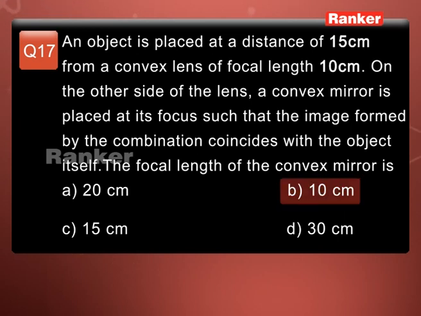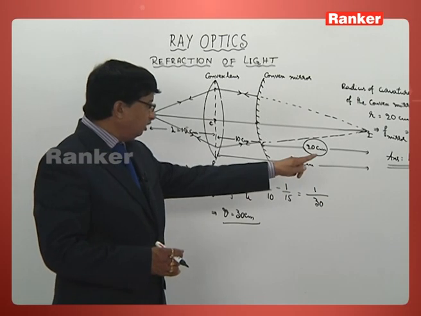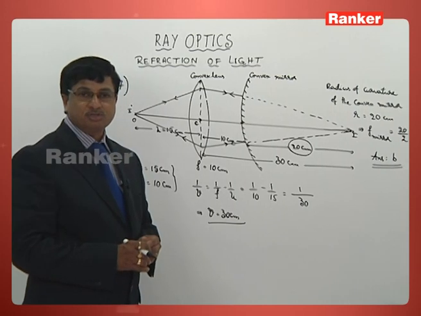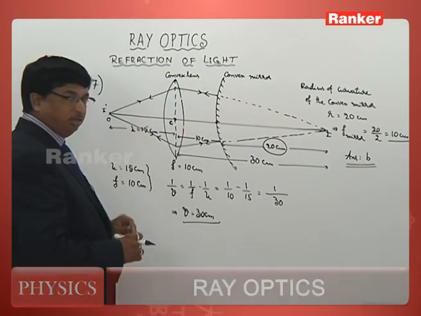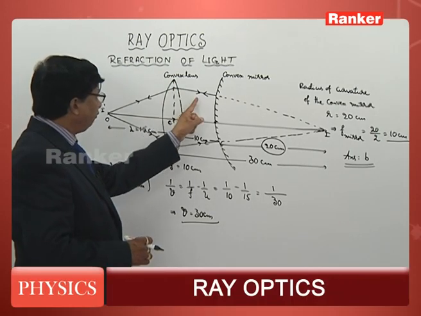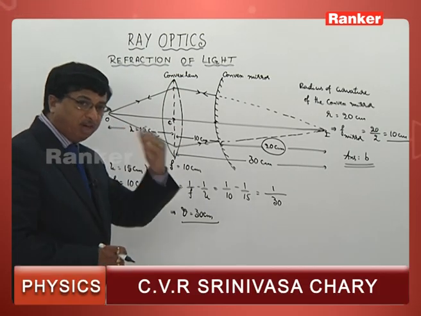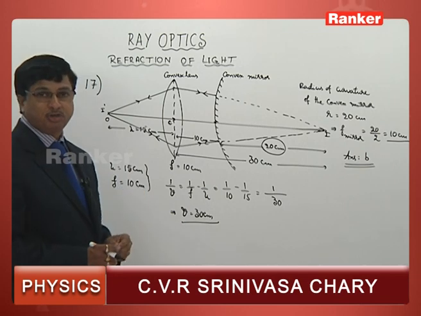So according to the given options, this is in coincidence with the second option given there. First option 20, second one 10 centimeter, third one 15 centimeter and fourth one 30 centimeter. These are the four values given, and our calculated value of 10 centimeter is exactly given as the second option there in the problem. So one should understand the general construction here. What is the condition for the image to coincide with the object? That is very important here.